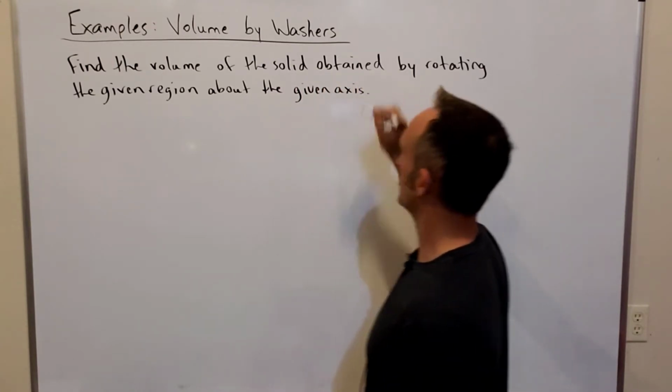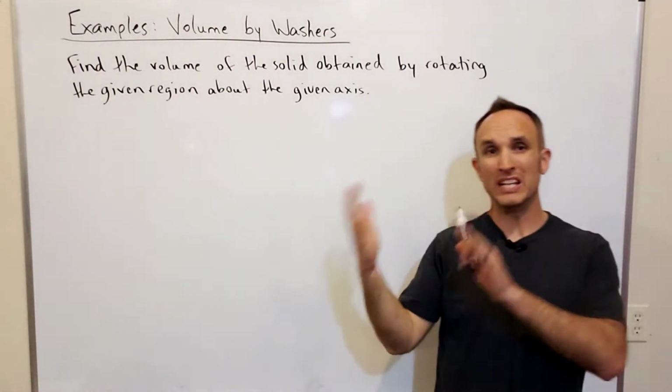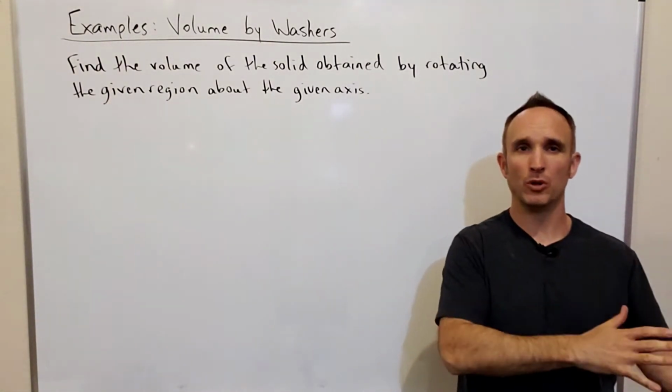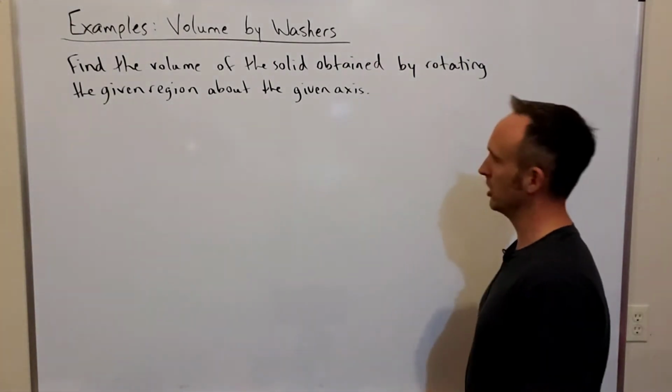Now I don't have to write these instructions for each example. So in each example, I'll give a region and I'll give an axis that will rotate it around, and then we'll find the volume of the resulting solid.